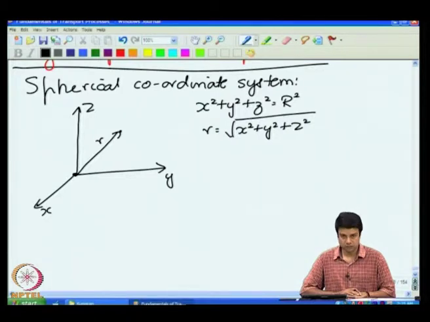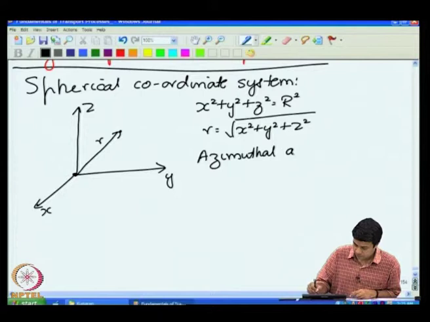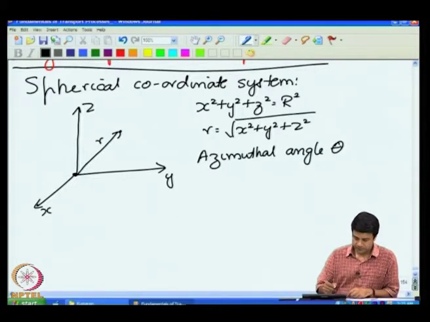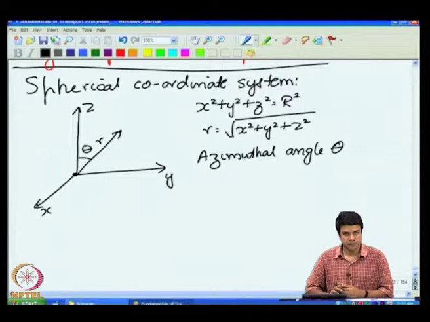Then I have 2 other coordinates. One is the azimuthal angle theta. This is the angle made by the radius vector with the z axis. In general, the z axis will be along some line of symmetry, and therefore, theta will be the angle made with respect to the z axis.